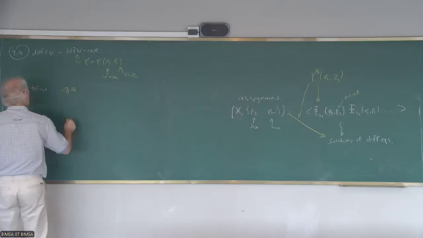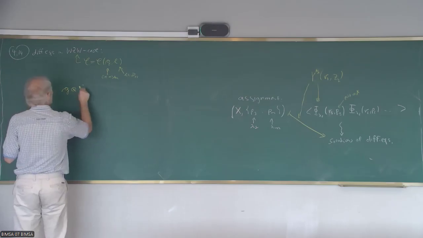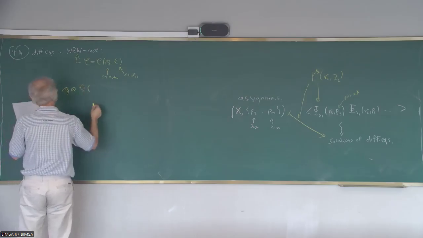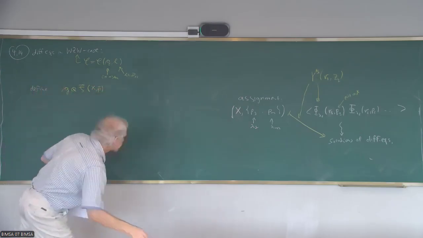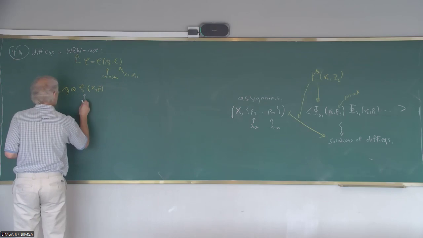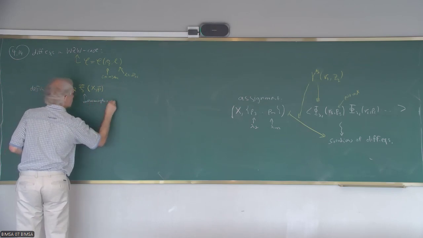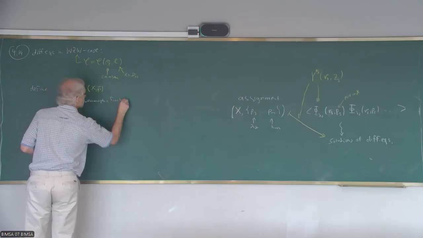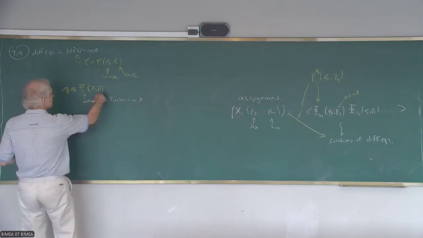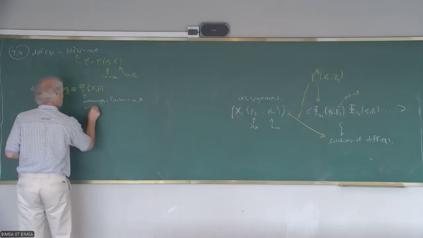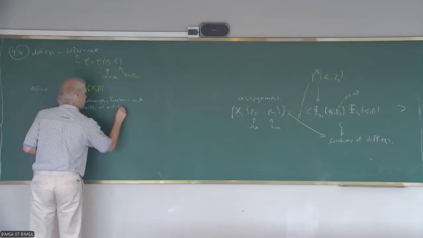Namely, you take the tensor product over C of g with what I call the space of functions on X. This is the space of functions which are meromorphic on X with poles at most at the points P_i, and those at most of finite order.